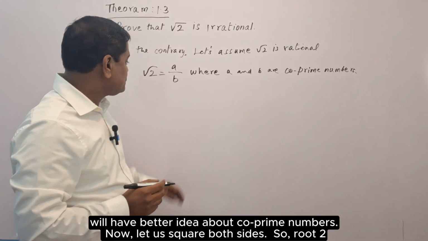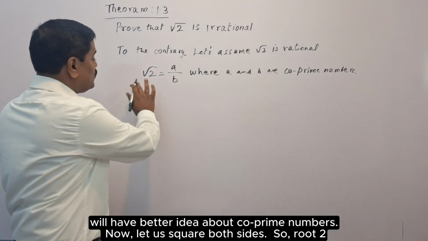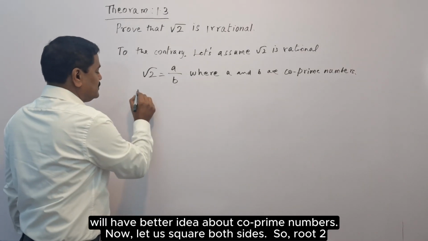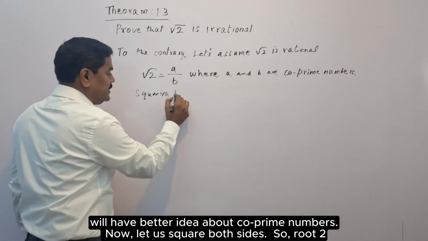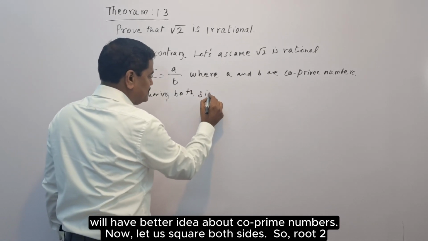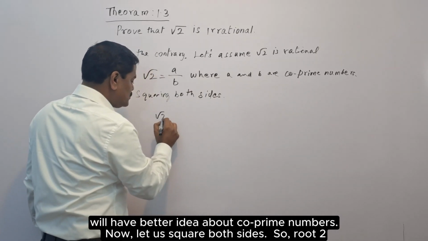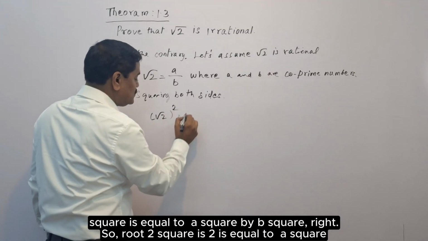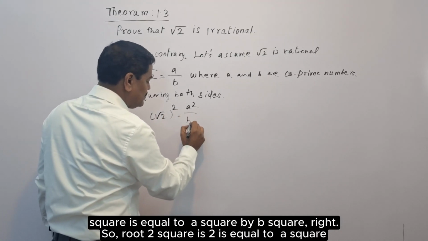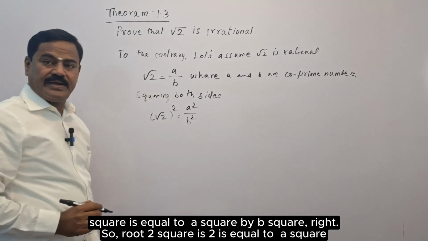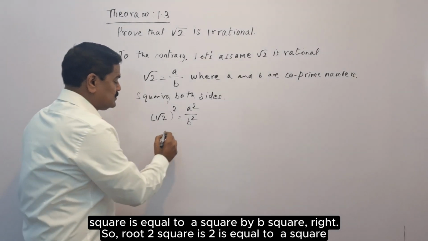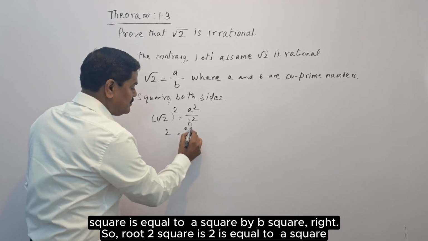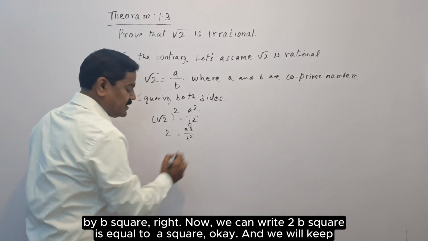Now let's square both sides. Squaring both sides, root 2 square is equal to a square by b square, right? So root 2 square is 2, equal to a square by b square.